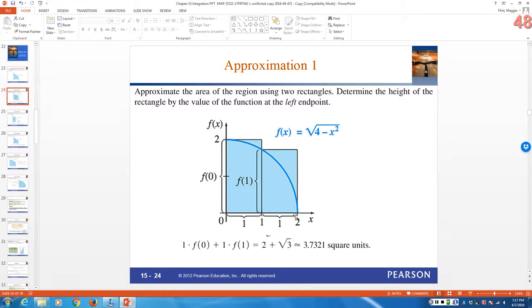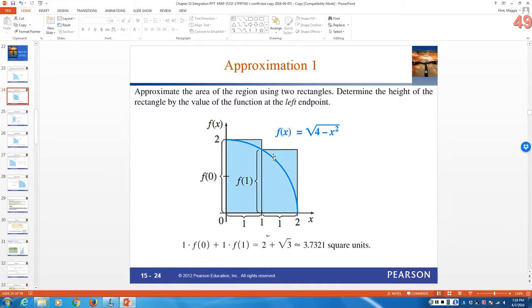If we divided this area up, we put one 1-unit wide rectangle with its left side aligned with where the top of the circle is, and then another 1-unit wide rectangle, and we found the area of this rectangle and this rectangle, it would overestimate the area of the circle.